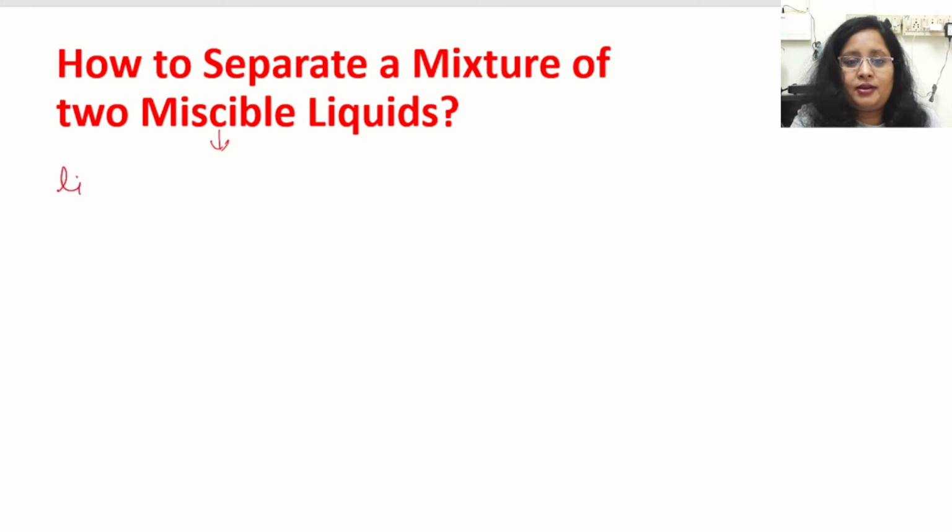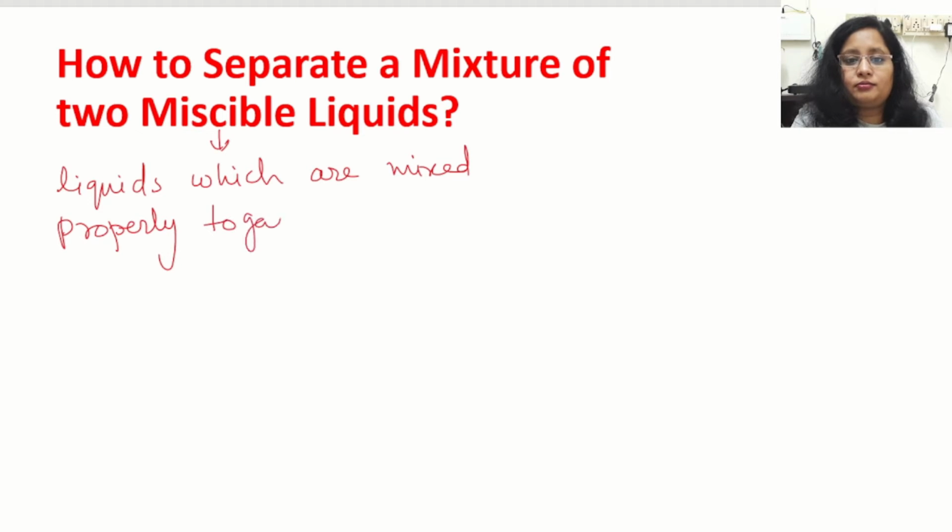So I can write: liquids which are mixed properly together are called miscible liquids. So an example of this is acetone and water.